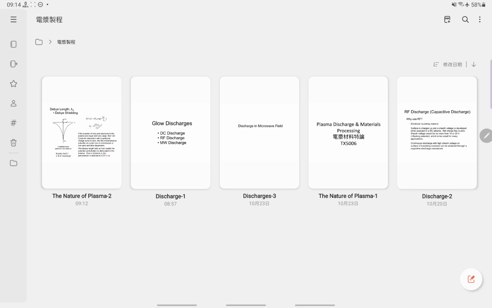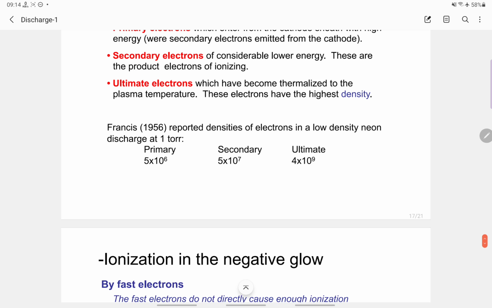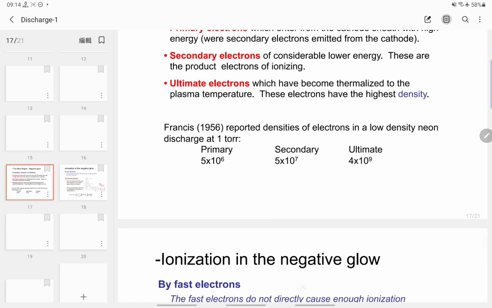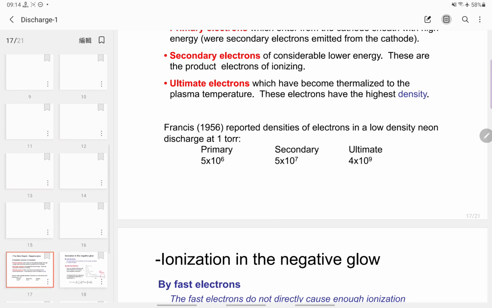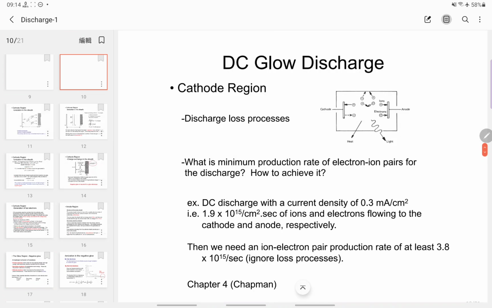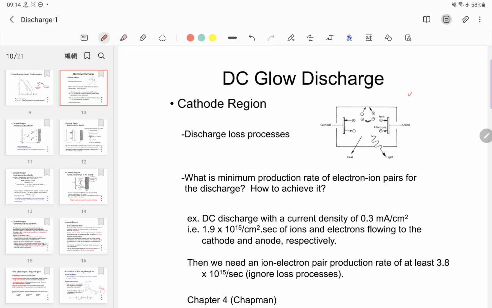The important thing is that once the plasma is generated, the gas atmosphere is composed of electrons, ions, and other neutral particles. Electrons and ions are charged particles.